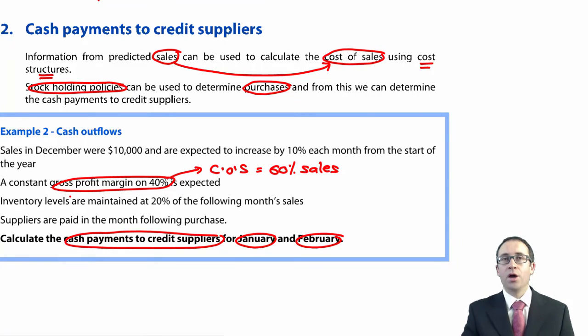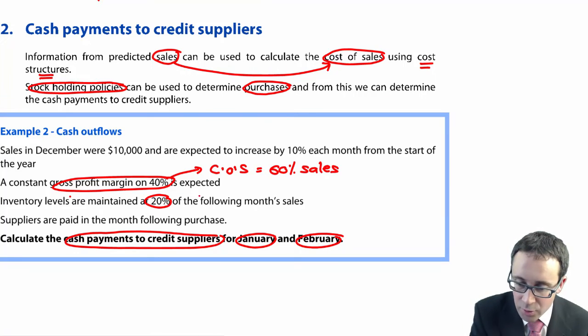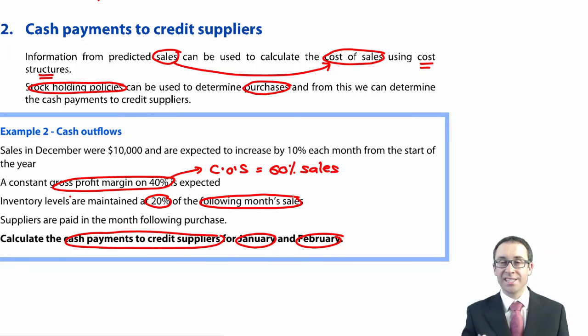You can then use those cost of sales, knowing that opening plus purchase less closing gives you your cost of sales figure. If we know that inventory is at 20% of the following month's sales, then we can use those figures to work out our purchases, because we know what the opening and the closing inventory is.